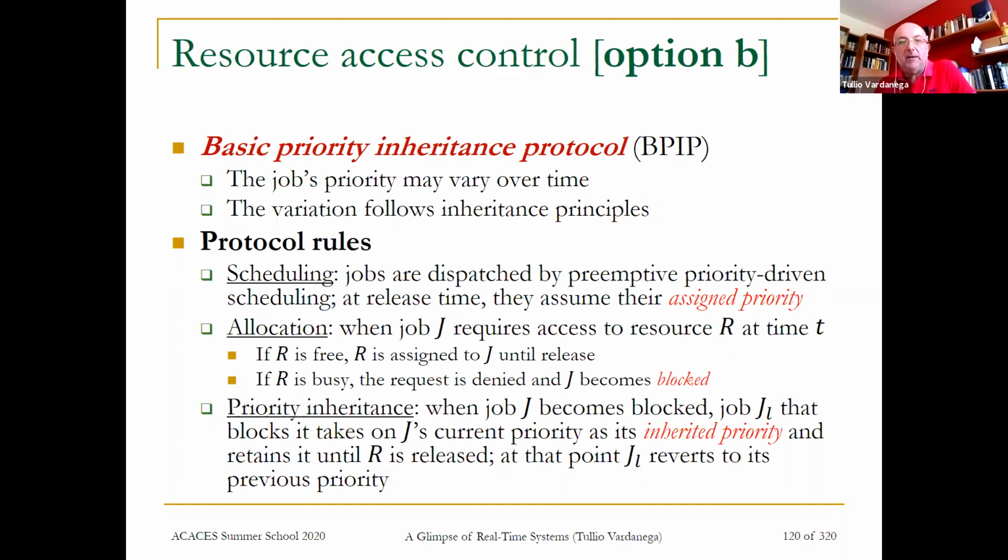So presumably, it's high enough for this guy to run. Otherwise, it is preempted normally. So the principle is that I can give my priority temporarily to this guy who acquires my priority and inherits it. And he uses it to finish the job with R. And as soon as it leaves R, it returns to the priority that it had originally.